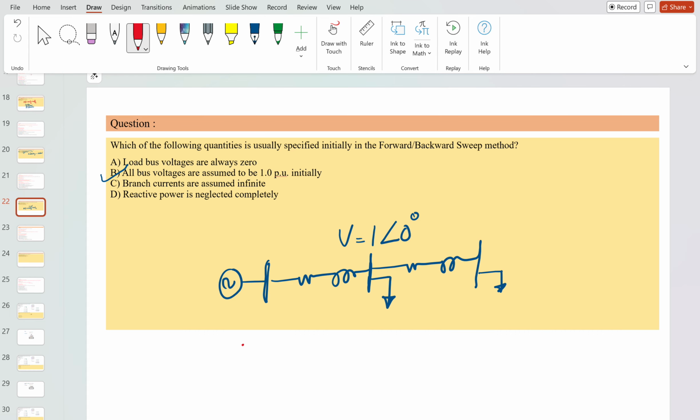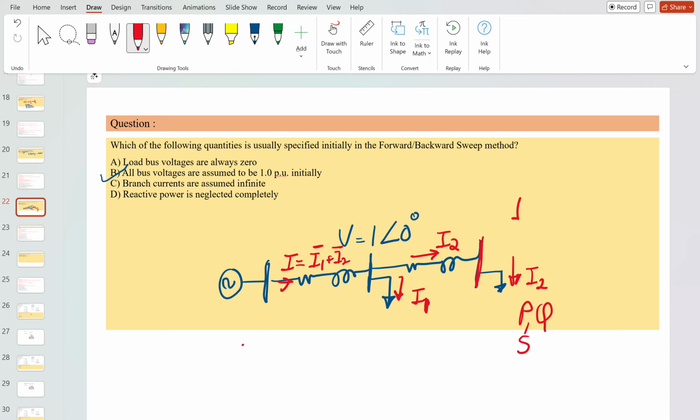Suppose the current flowing here is I2, here it is I1, and the current flowing here is I. So I will be equal to I1 plus I2. When P and Q are given, S is known.